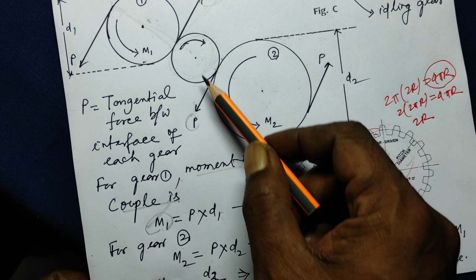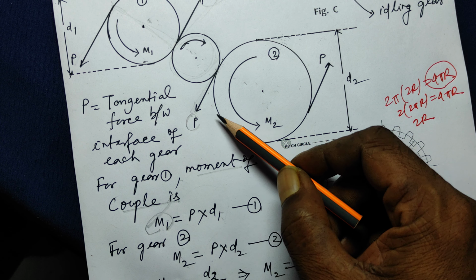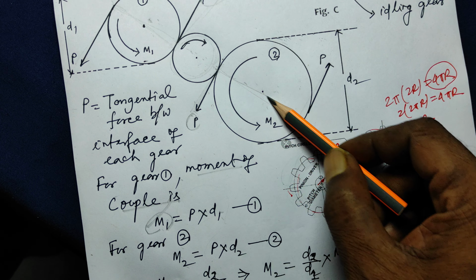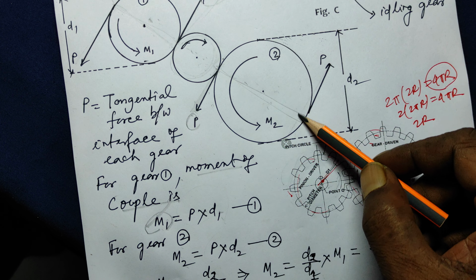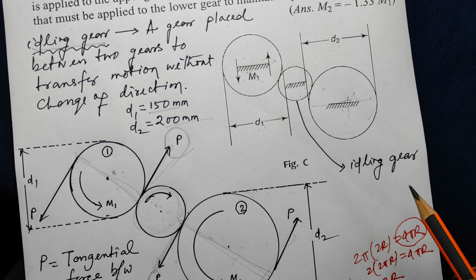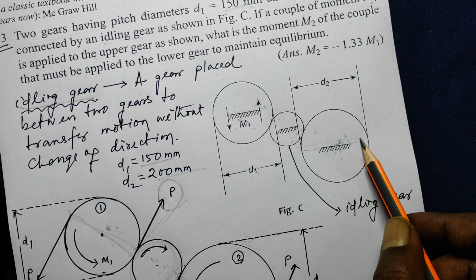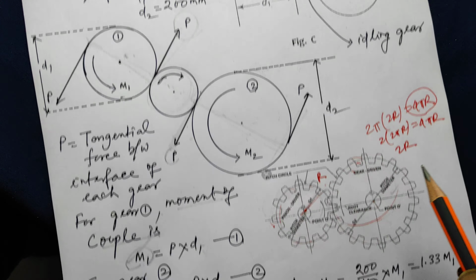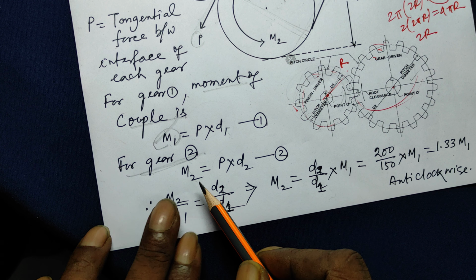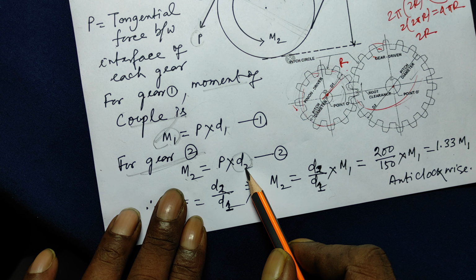Since this P is common to both, the perpendicular distance between the lines of action of these forces is the pitch diameter of the second gear, that is 200 mm. So for gear 2, the moment of the couple M2 will be P times the perpendicular distance D2.